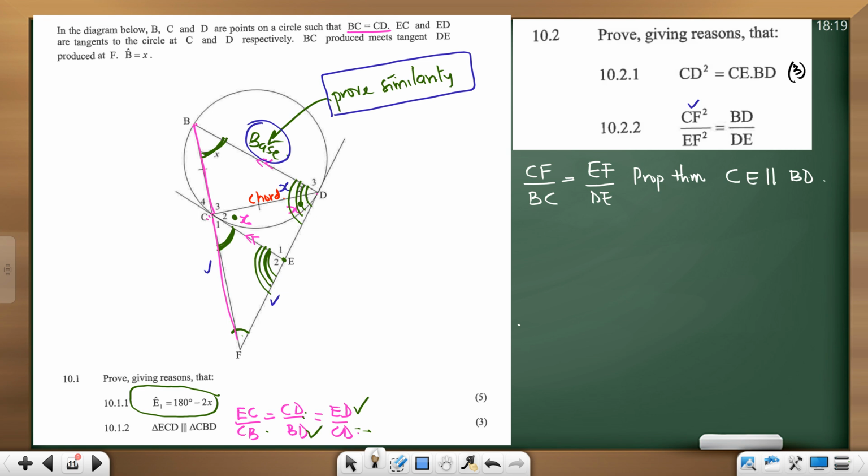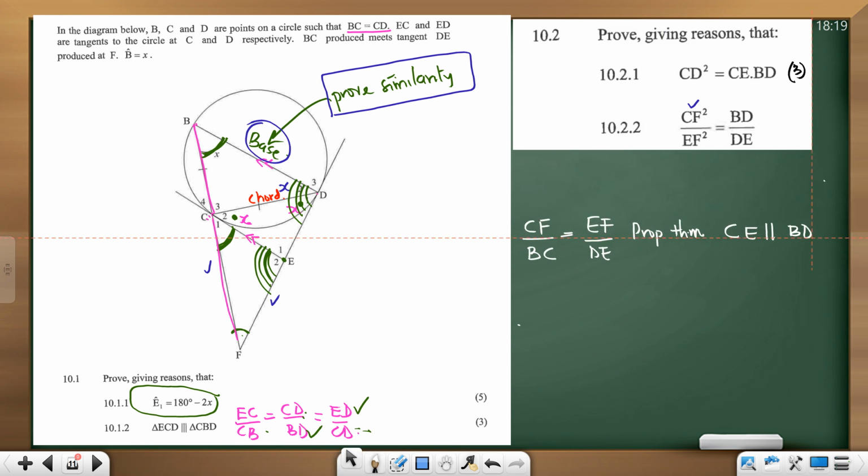There was something I cleaned which I shouldn't have cleaned. We were not given those lines as parallel, so we needed to prove that they are parallel. How did we prove they are parallel? D2 is equal to C2. Therefore, BD is parallel to CE. Alternate angles, that we did. Sorry about me going the wrong way again.